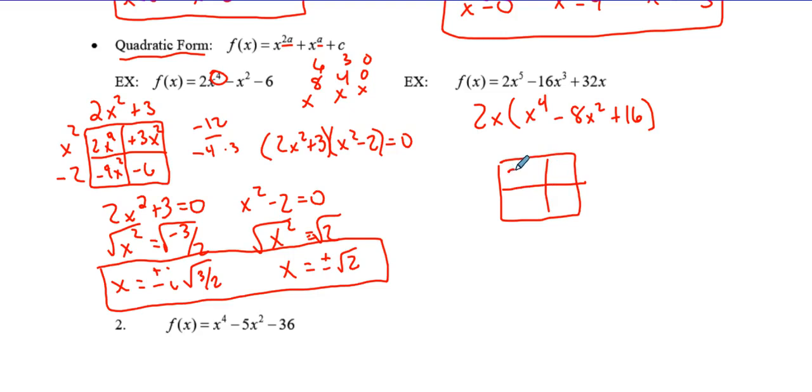That's going to be, let's see, x to the 4th, negative 4x squared, negative 4x squared, and 16. So x squared minus 4, x squared minus 4. So in factored form, it would look like this.